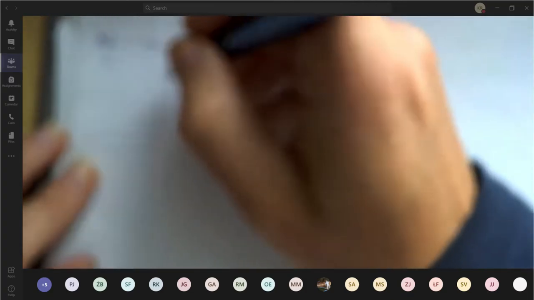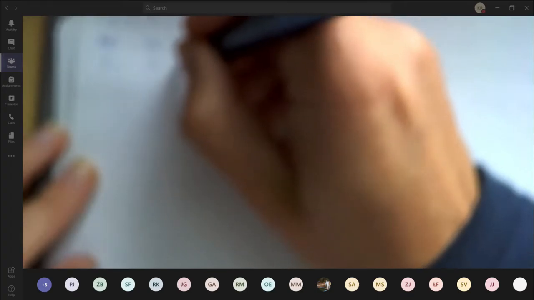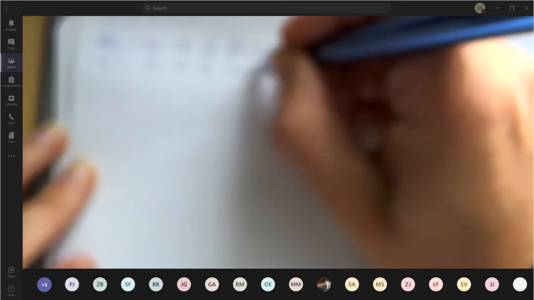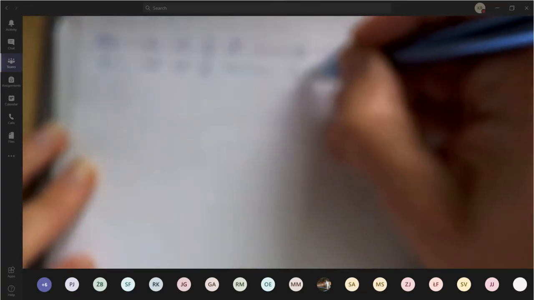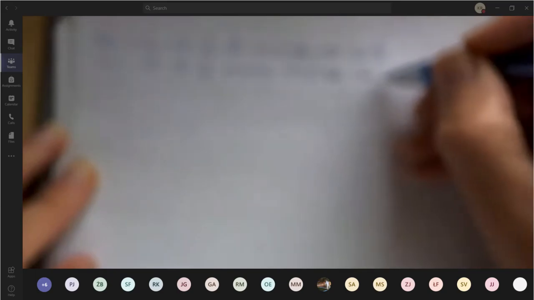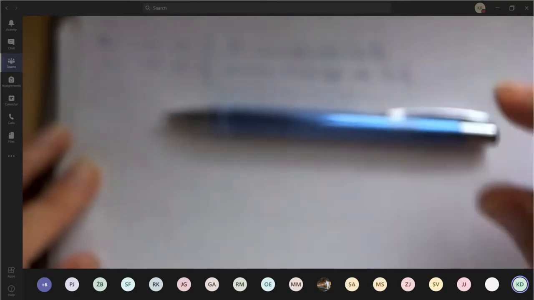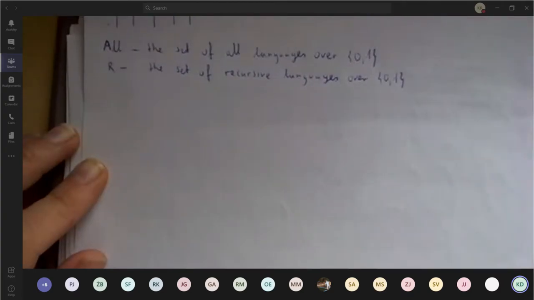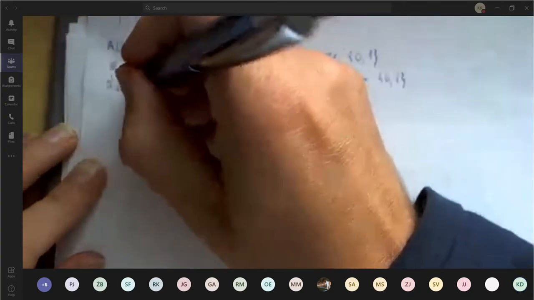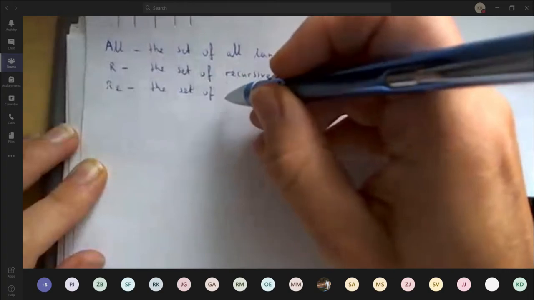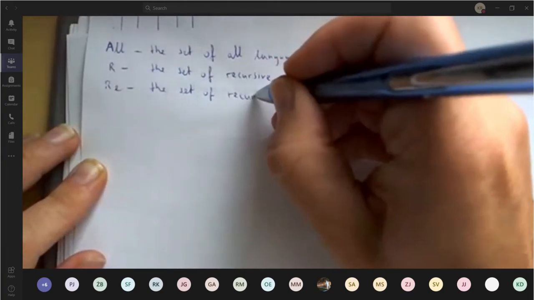R is the set of recursive languages and RE is the set of recursively enumerable languages. Excuse me, we cannot see what you're writing. Thanks.